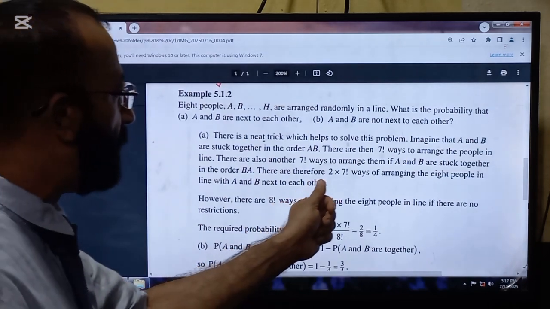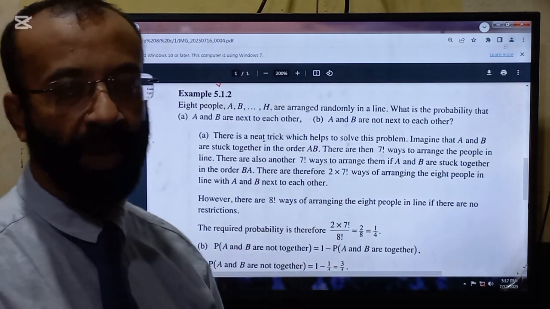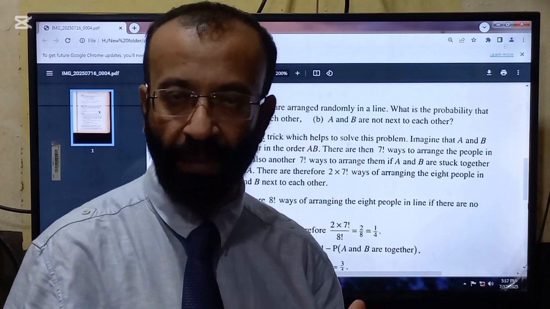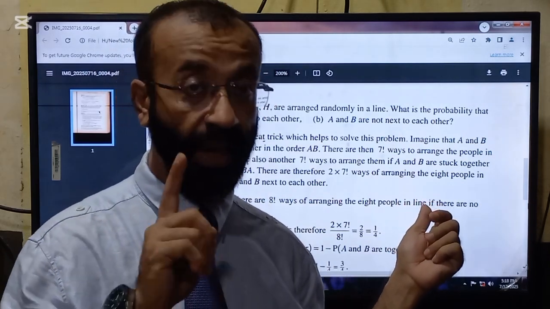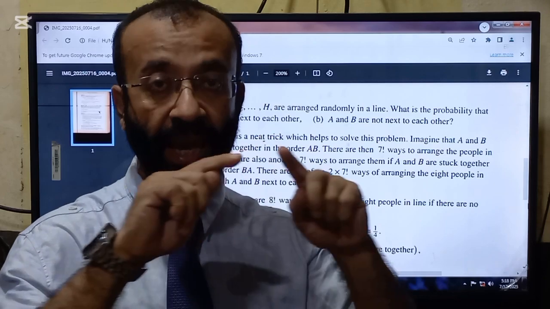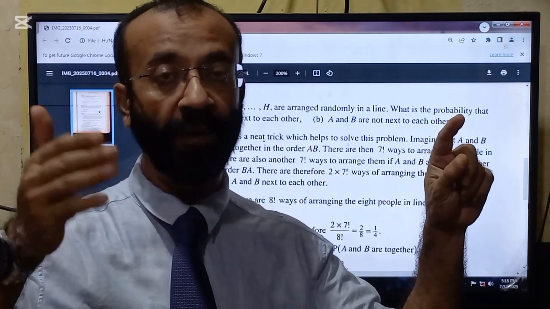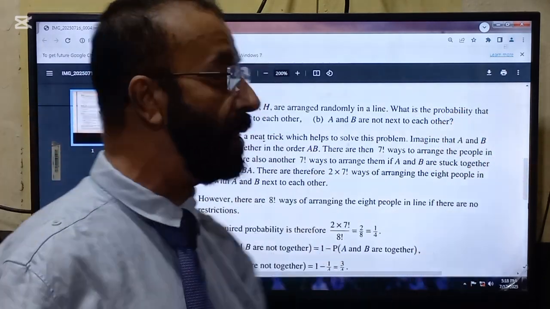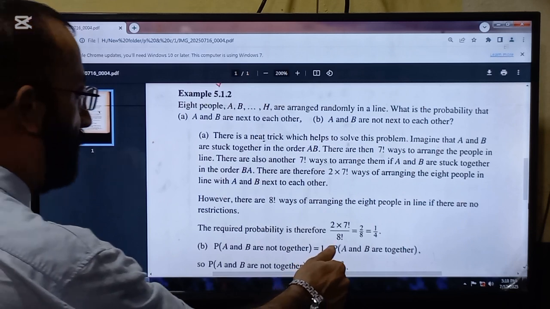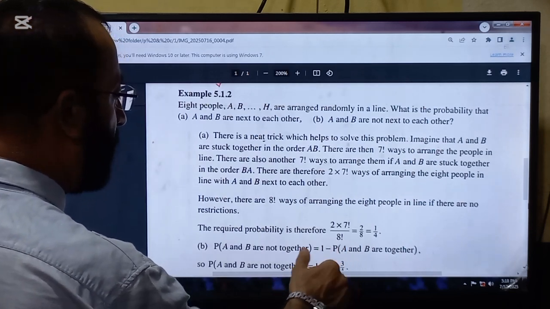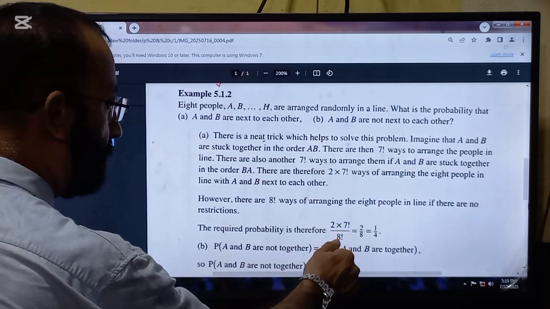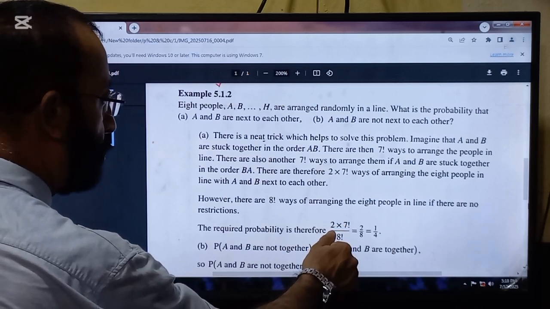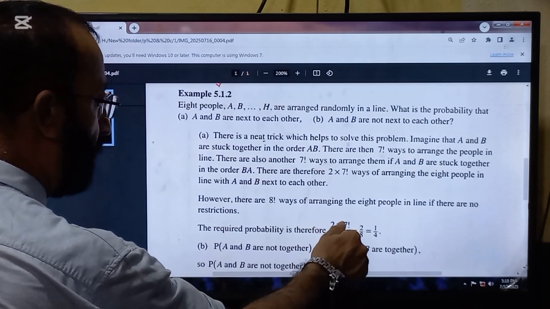So this is the favorable outcome, but the probability formula is favorable outcomes over total outcomes. In total there are 8 people, so 8 factorial will be the total number of ways to arrange the 8 people, when there are no restrictions. So 8 factorial goes in the denominator, and 2 into 7 factorial are the favorable outcomes.